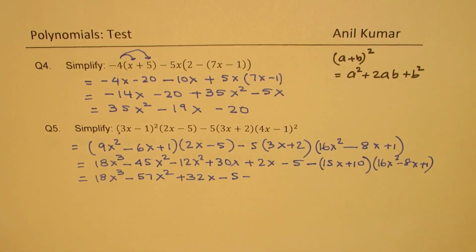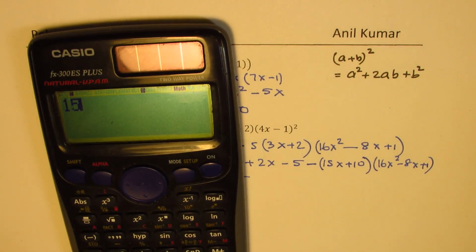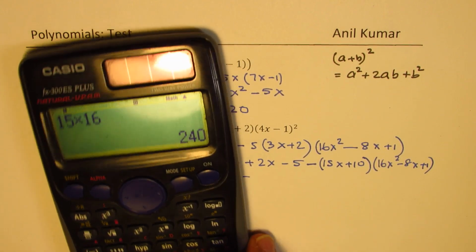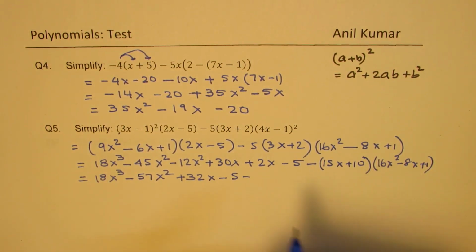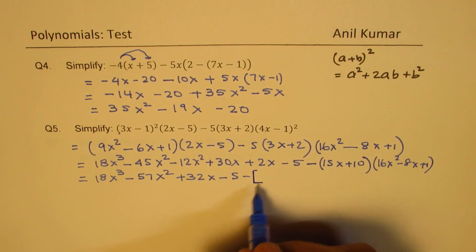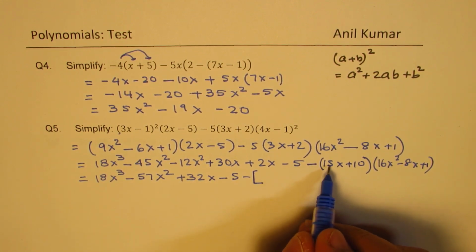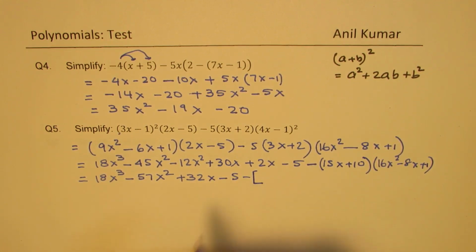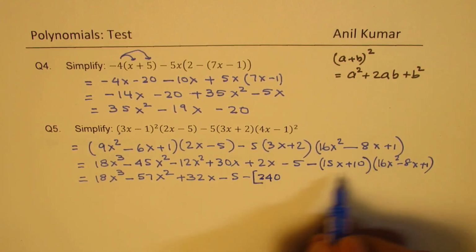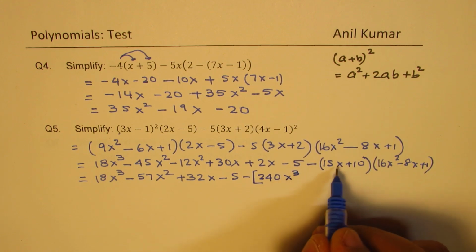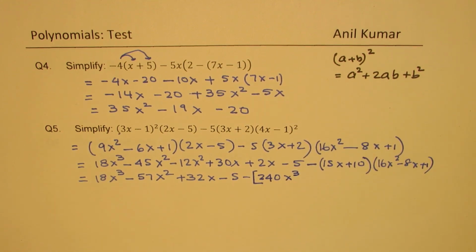And we are now going to expand this. So let me do 15 times 16. 15 times 16 is 240. So negative sign. So we get, it's better to write a square bracket, right? So now we'll not bother about the sign. It is taken outside. 15 times 16 is 240, x cubed. 15 times 8.